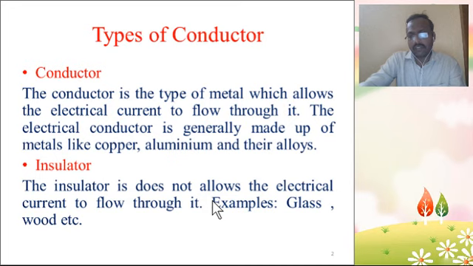Examples for insulators are glass, wood, etc. Because the insulator has less number of free electrons, that is why the insulator does not carry the current, whereas a conductor has a large number of free electrons.